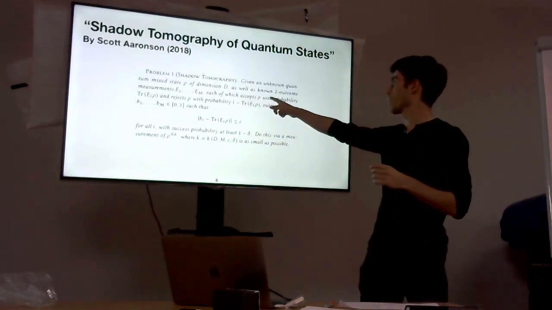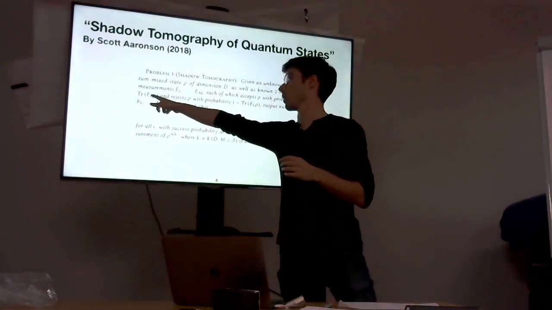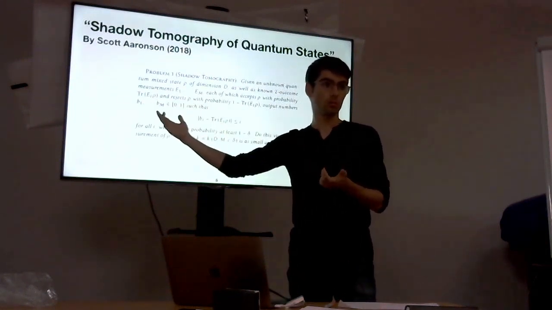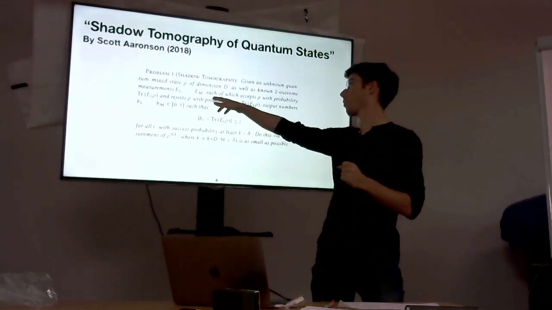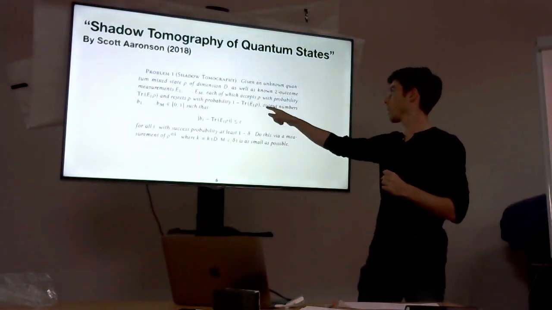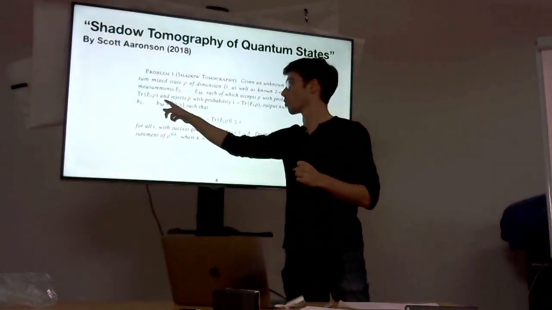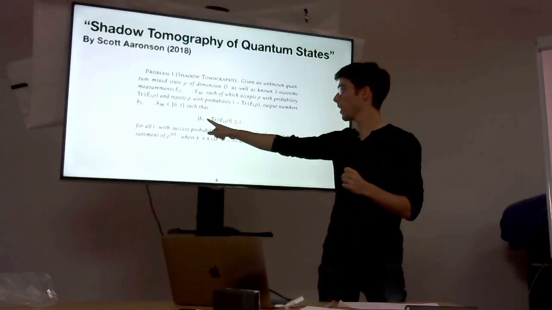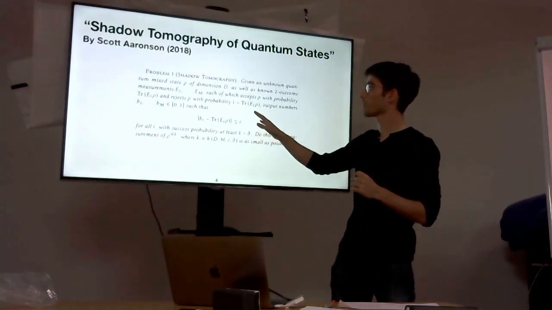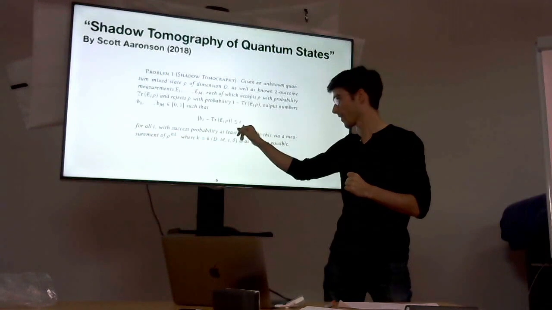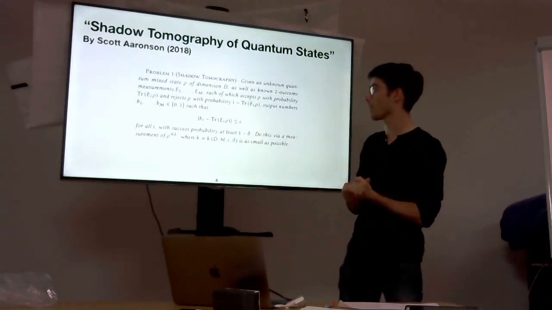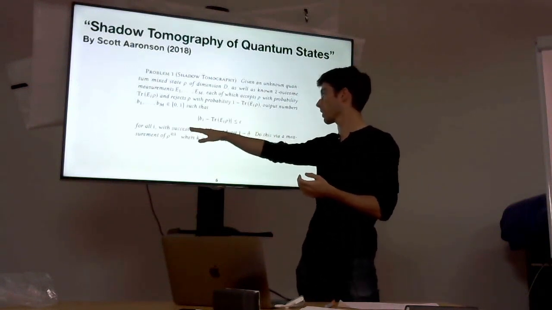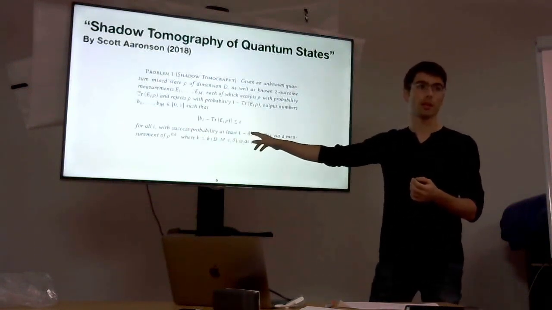Each of which accepts rho with probability, this is the probability to measure the outcome 1 in rho, and rejects rho with probability, okay, the complement of that, output the numbers B1 to BM, which are within the range 0 to 1, such that they are very near to those probabilities according to a value epsilon for all of the values that you want to estimate, with a given success probability measured with this delta.